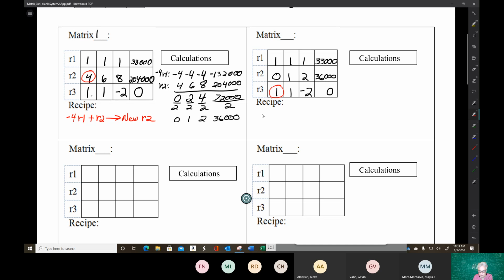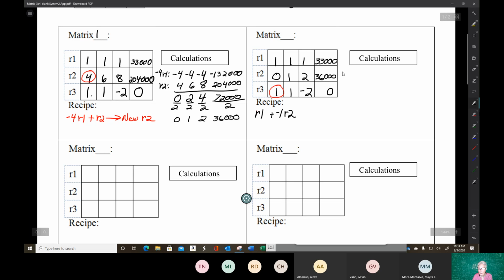take row 1 and leave it the way it is. But I want to change to black. I want to be consistent as long as I started doing that. I'm going to take row 1, and then I'm going to add negative 1 times row 2, so that I'll get a negative sign here, so I'll have 1 minus 1, and that'll be 0.